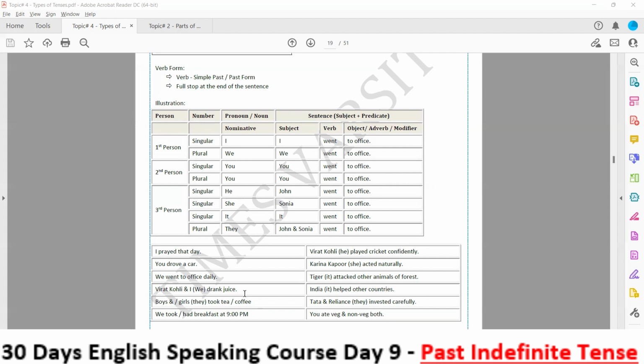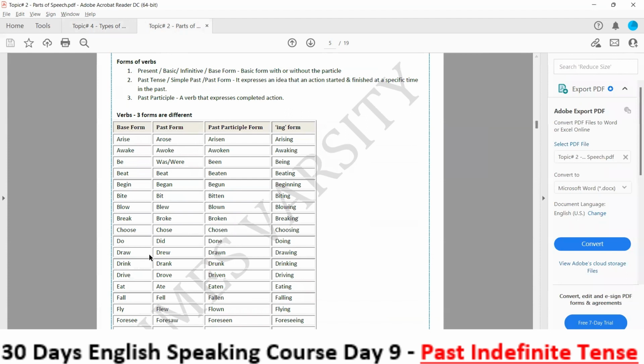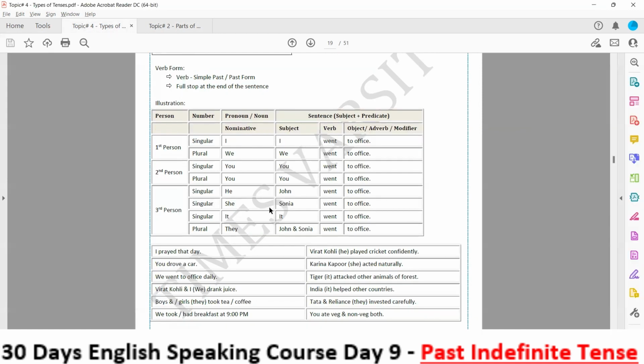Virat Kohli and I drank juice. See here, the second form of drink is drank. So we are using the past form of the verb. Then talk about Virat Kohli here.